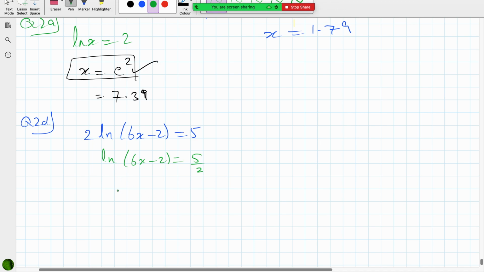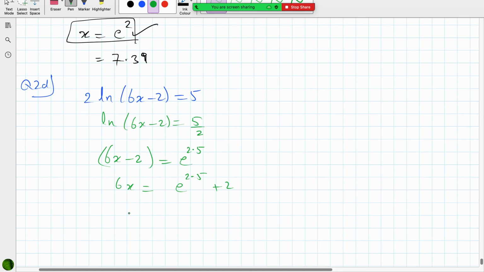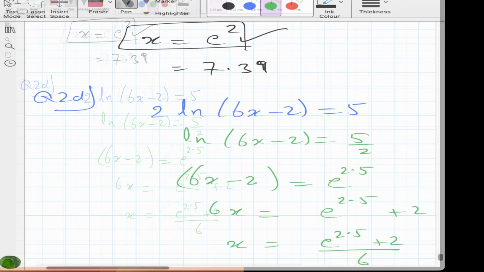Now this e is coming on the other side. 6x minus 2 is equal to e raised to the power 2.5 or 5 by 2. 6x is equal to e raised to power 2.5 plus 2. x is equal to (e raised to power 2.5 plus 2) by 6. Any issues?